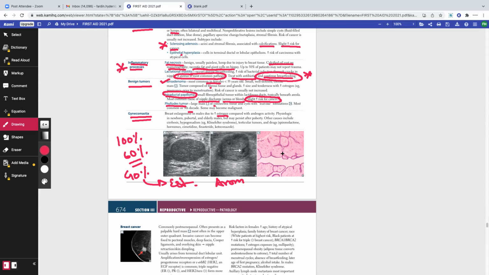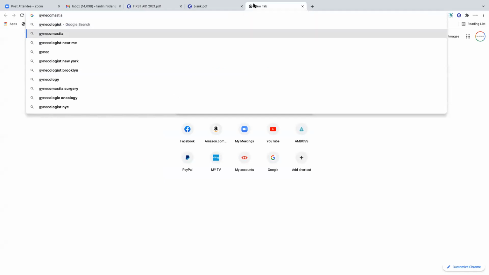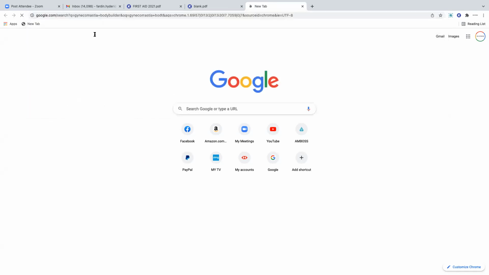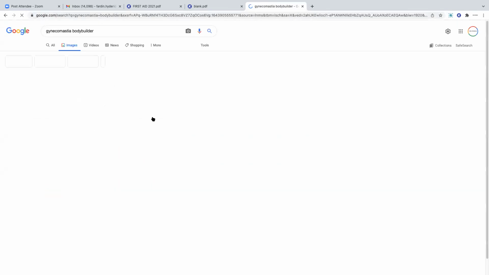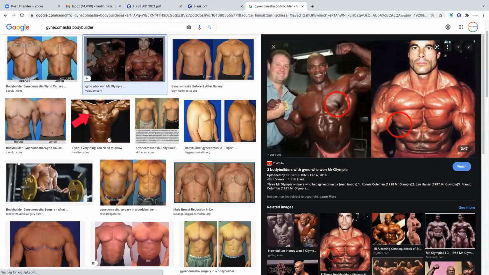If there's a small uniform globular breast enlargement, can we consider that to be gynecomastia? Yes or no? Yes. The answer is yes. Okay. For example, this is gynecomastia, small globular enlargement of the breast.